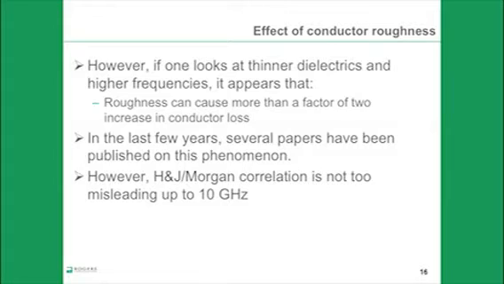However, if you look at thinner dielectrics and higher frequencies, it becomes evident that roughness can cause more than a factor of 2 increase in conductor loss. In the last few years, several papers have been published on this phenomenon. However, the Hammerstad and Jensen correlation is not too misleading up to about 10 gigahertz.